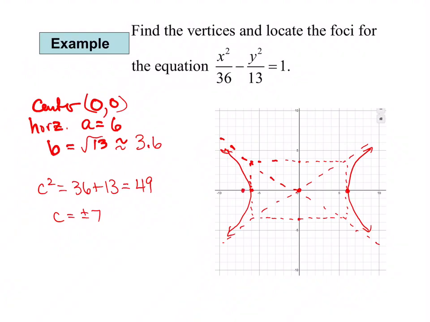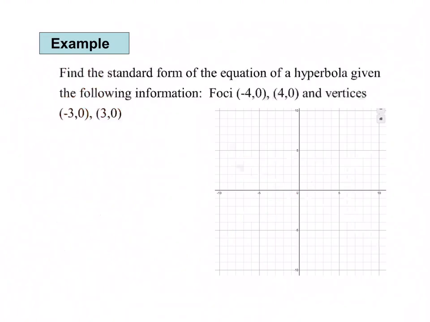So our points for the vertices are plus or minus 6, 0, and plus or minus 7, 0 for the foci. All right, easy enough. Draw it out. Couple extra steps, drawing the diagonals and then sketching that in.